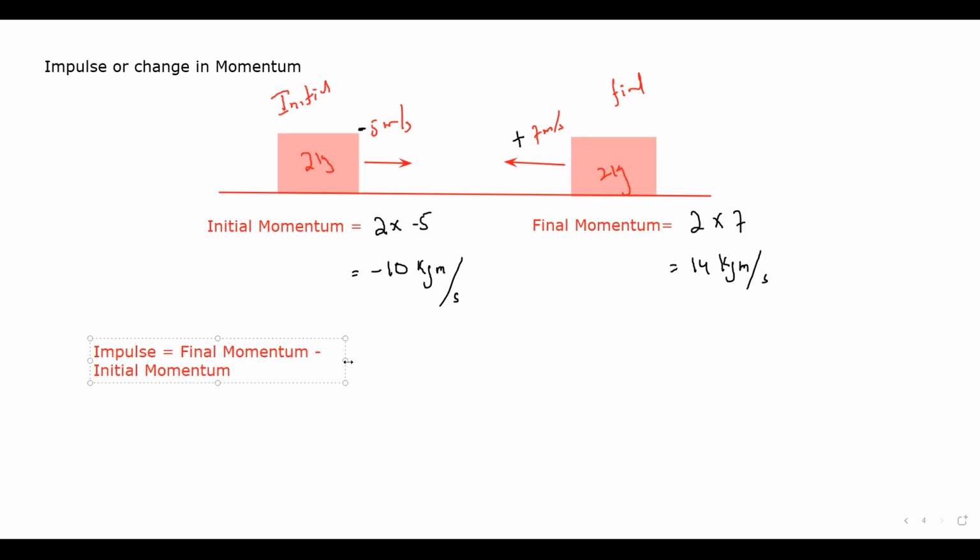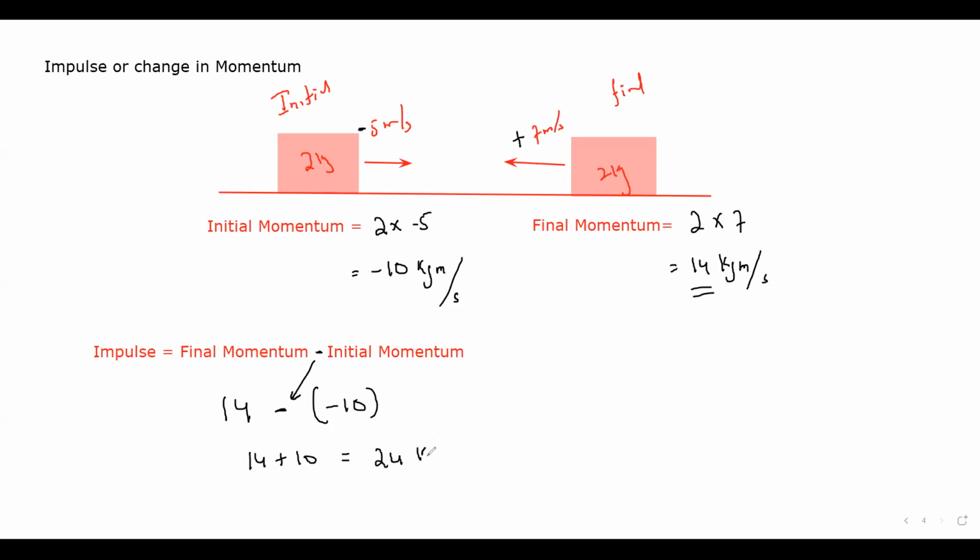That is the formula to calculate impulse. The final momentum, the product of mass and velocity, is 14, minus the initial momentum, which is not 10, it is minus 10, because this minus is for the formula and this is for the direction. So it is minus minus, it will be plus. So 14 plus 10, what is our final answer? It will be 24 kilogram meter per second.